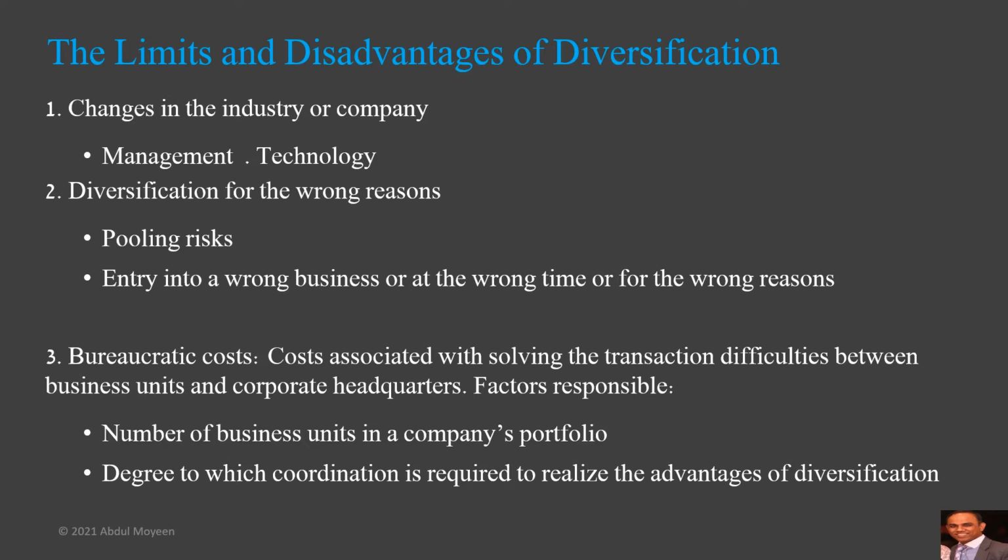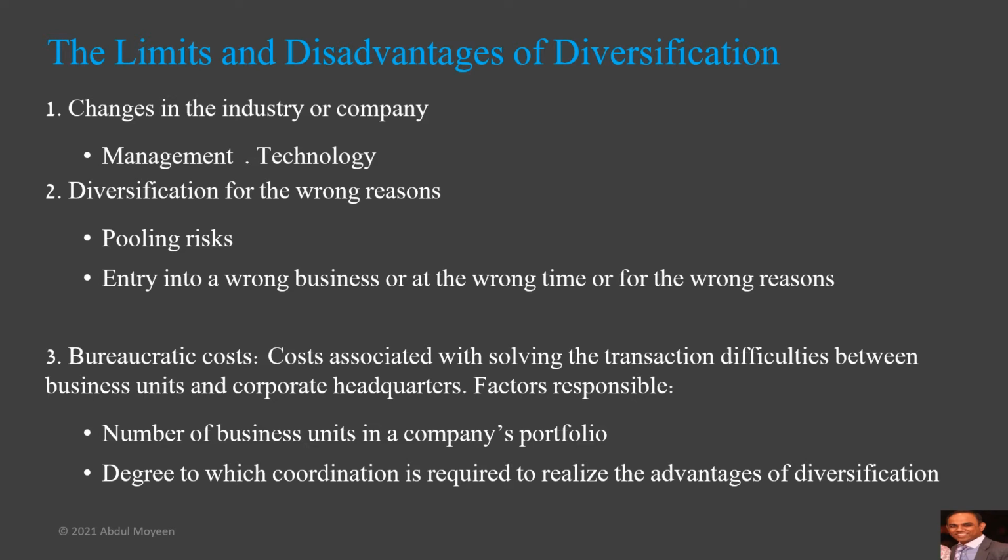While we have argued so far that through diversification into related and unrelated industries, a company can increase its profitability, for three principal reasons, a business model based on diversification may lead to a loss of competitive advantage. So we must be careful about that.